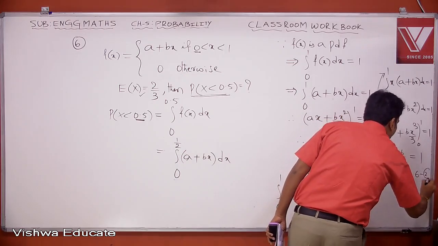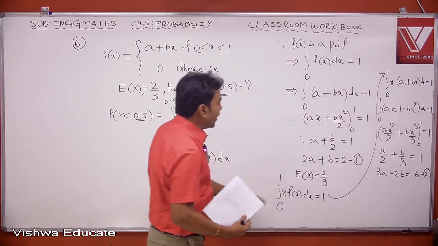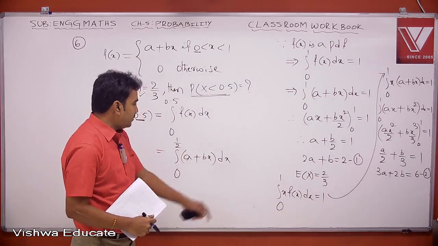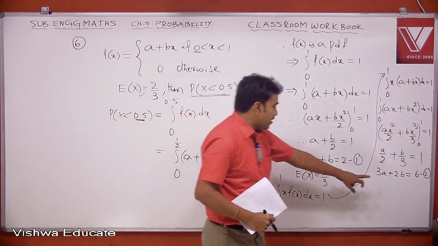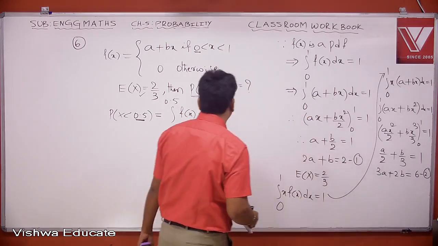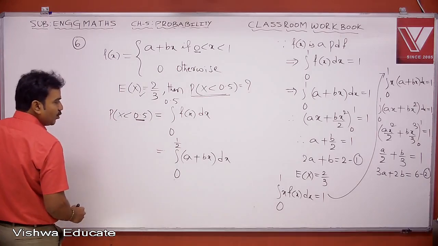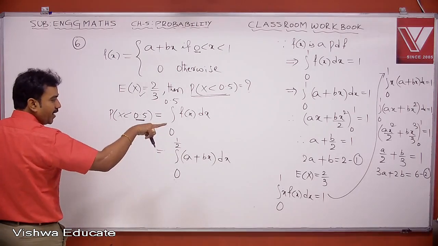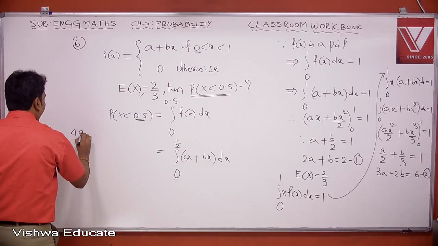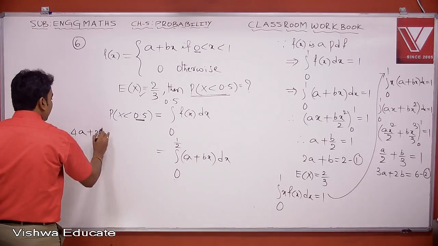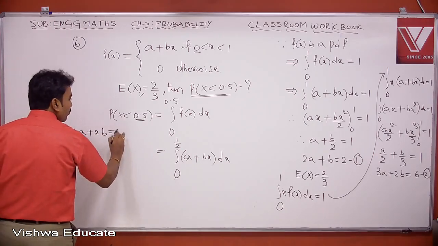Now, we got second equation in the variables a and b. This is one equation, this is another equation. Let us solve these two equations. What is my equation 1? 2a plus b equal to 2. So, let us multiply equation 1 with 2. So, I get 4a plus 2b equal to 4.